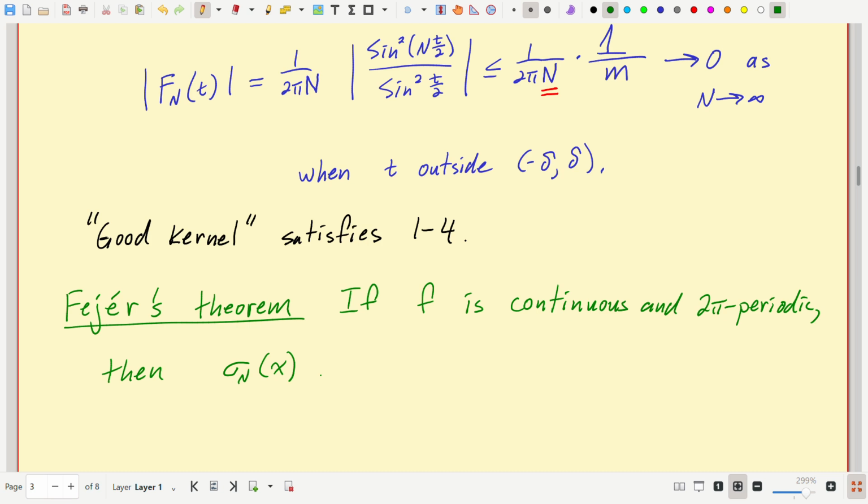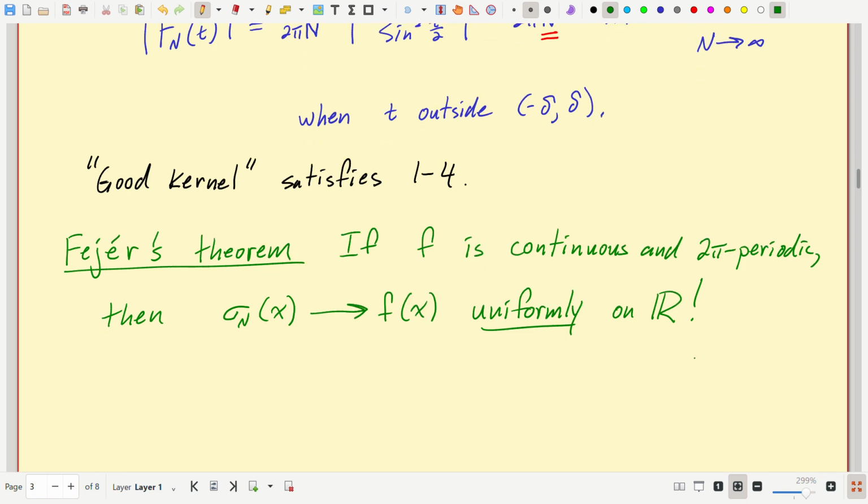That Fejér thing is a trigonometric polynomial. So these trigonometric polynomials are going to approach f uniformly on R. And I'll put an exclamation point there because that's kind of mind-blowing.